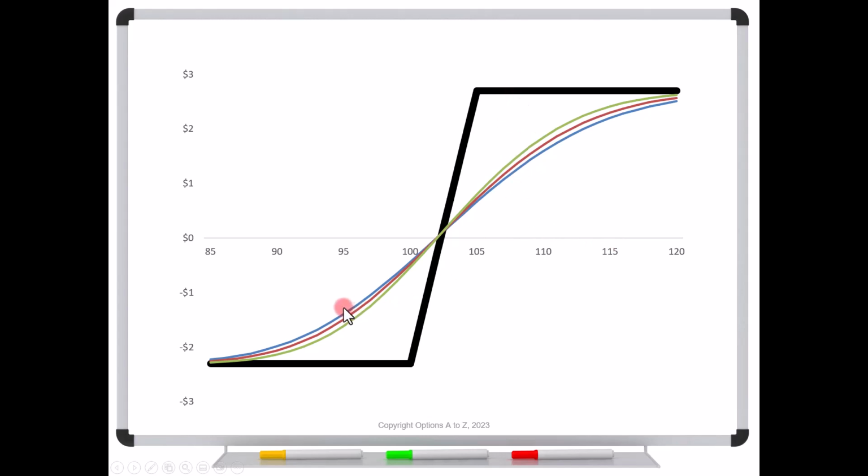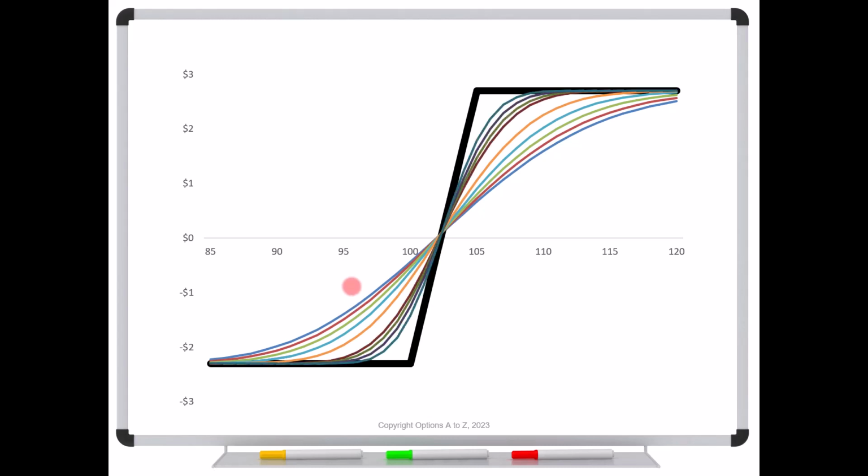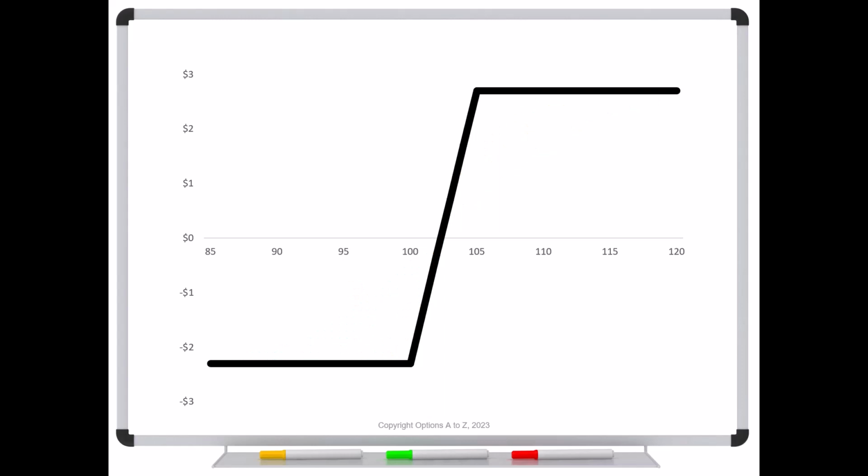Over on the left, there's less time for the spread to move in the money, so the bet is becoming less valuable. So let's say another 5 days goes by, we move to this curve, we move to this one. And then let's say with 5 days, 4, 3, 2, 1, we're right here into expiration.